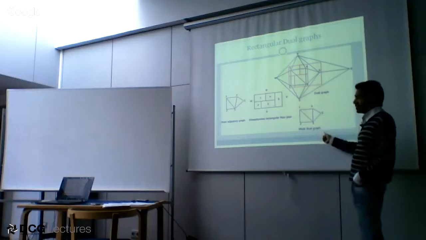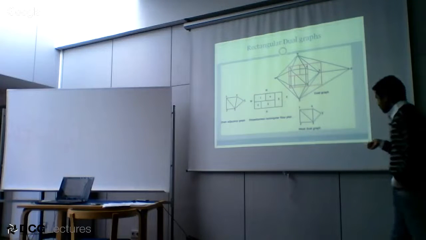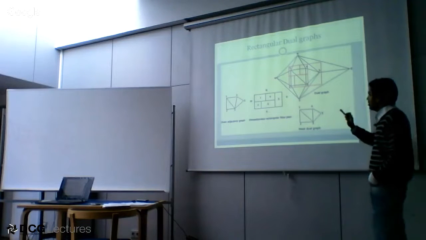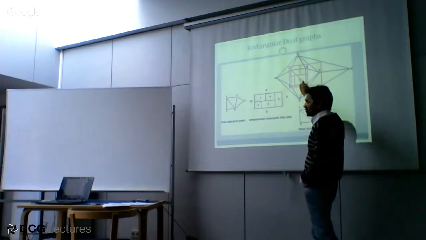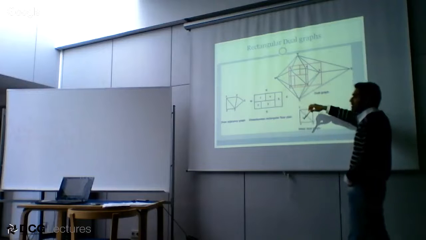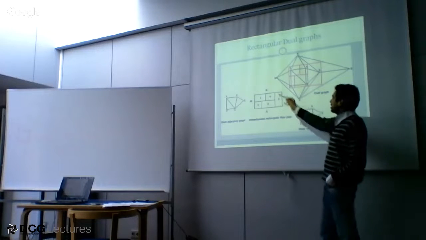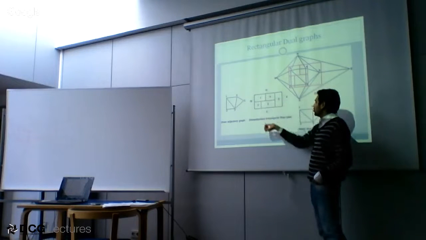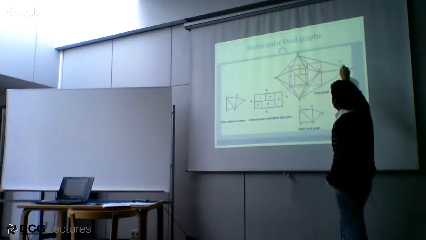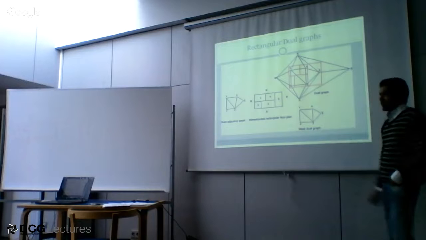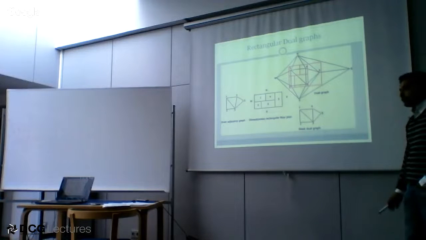We call it the weak dual graph. The other thing we can do is draw a graph while considering the exterior. Here we have considered the exterior, north, south, east, west, and if you consider the exterior, you can construct a graph which we call a dual graph.